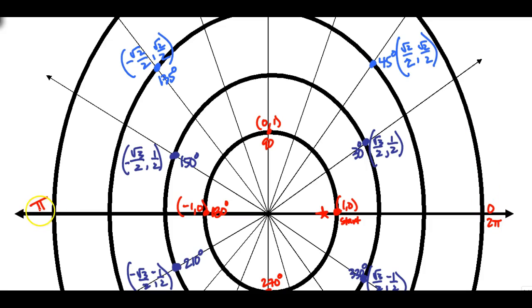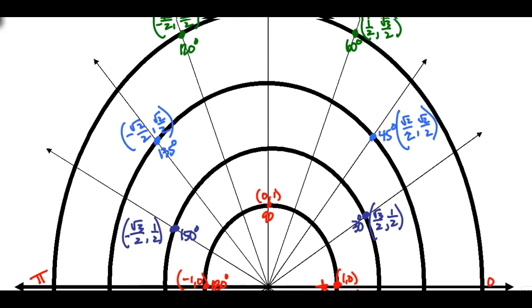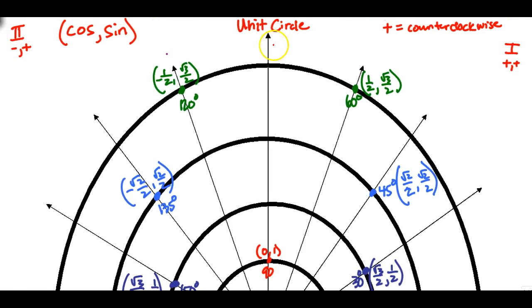Now let's keep going with that idea. Halfway around the circle is pi radians. What's halfway to pi? Well, that would be a quarter of the circle, or 90 degrees, so that's going to be pi over 2 in radians. So halfway to 180 would be pi over 2. Let's do one more step there. If we went halfway to pi over 2, or halfway to 90, we'd be here.